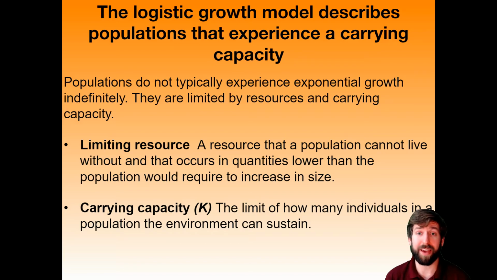And once they hit that limiting resource, once they cannot use up what they need in order to grow, we call that the carrying capacity, or as written, K. Again, this is the limit of how many individuals in a population the environment can sustain. In a sense, the carrying capacity is the cap of how many individuals can live in that area where no more can live. We'll see what happens when they overshoot that carrying capacity.